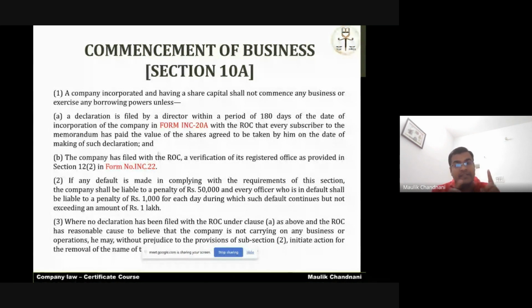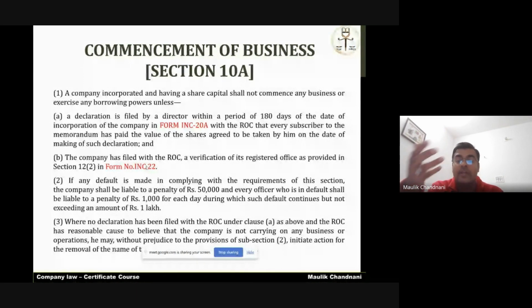See, if you had given the exact detailed address at the time of incorporation only, you need not file any further declaration to the ROC. But if you had not given the exact detailed address at the time of incorporation, you need to file INC 22. So it is a subjective matter. Does every company need to file INC 22? No. If you had not given the detailed address at the time of incorporation, then you need to file INC 22.